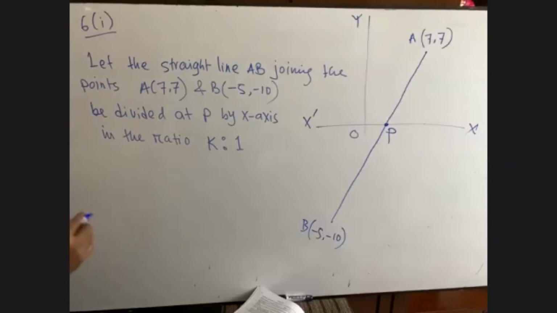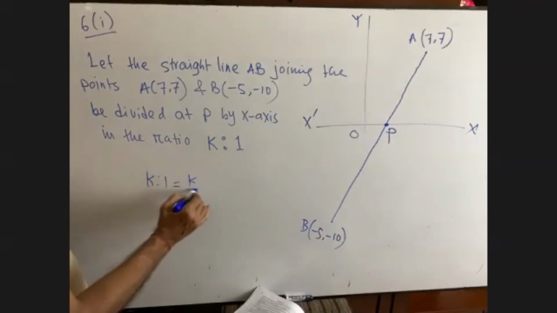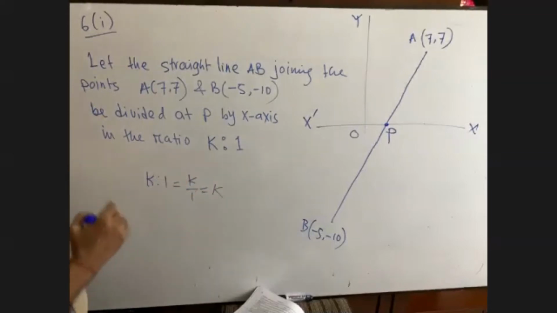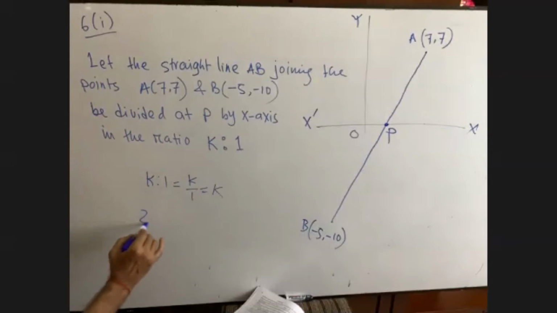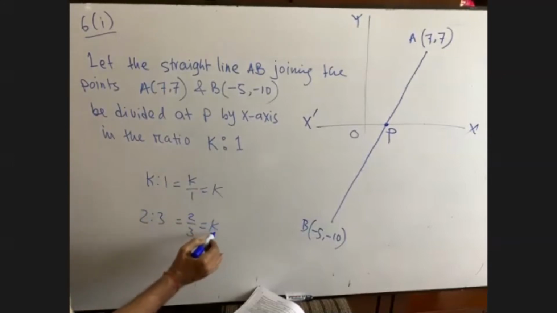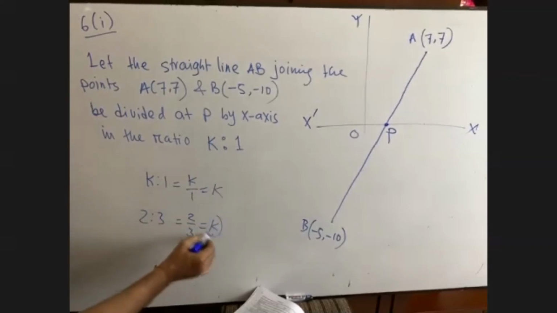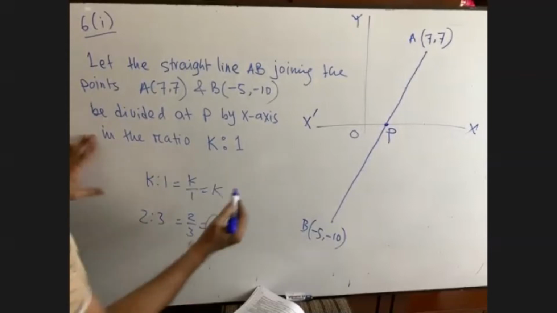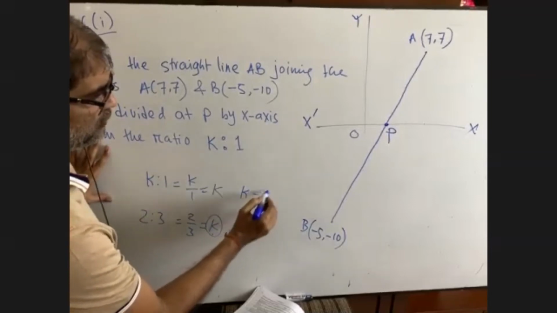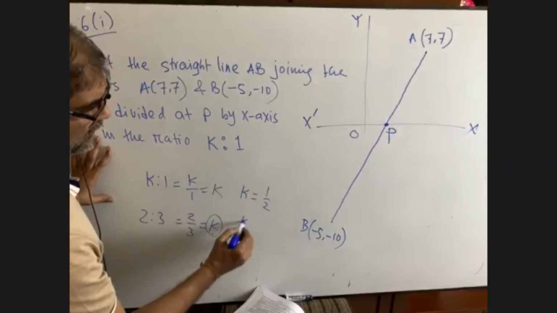By the way, suppose k:1 means what? K by 1, that is k. So if I get a value 2:3, that means 2 by 3, that means the value of k is 2 by 3. Suppose we have got the value of k as half.